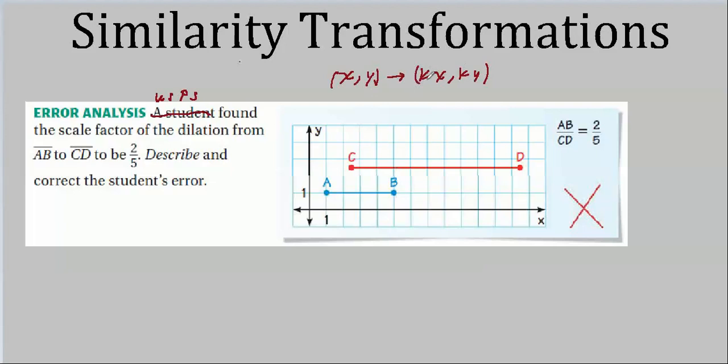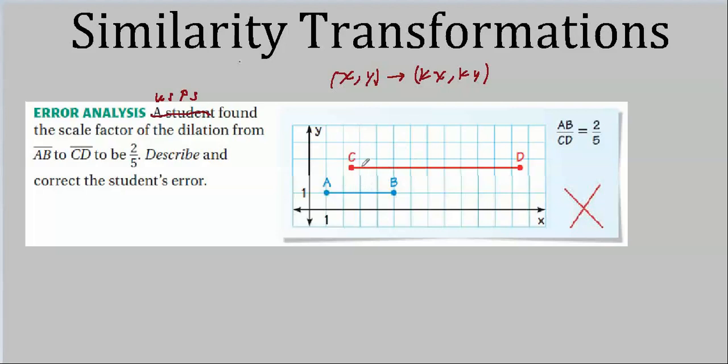K is not necessarily what you did to the length of any particular part of the polygon. In this case, it's only a line. It's true that this line here is 2/5 of this line, but that's not the dilation factor.